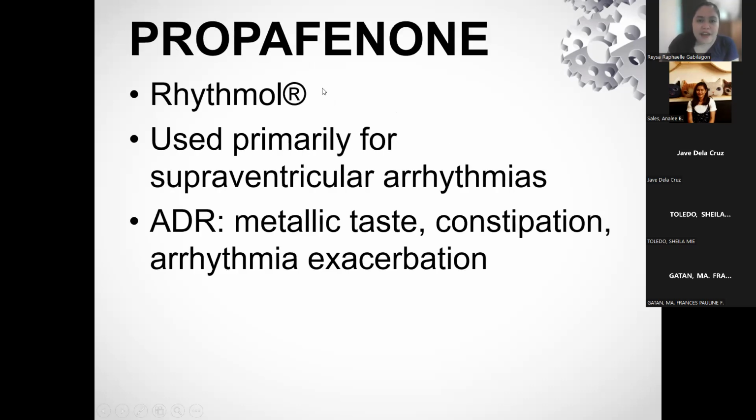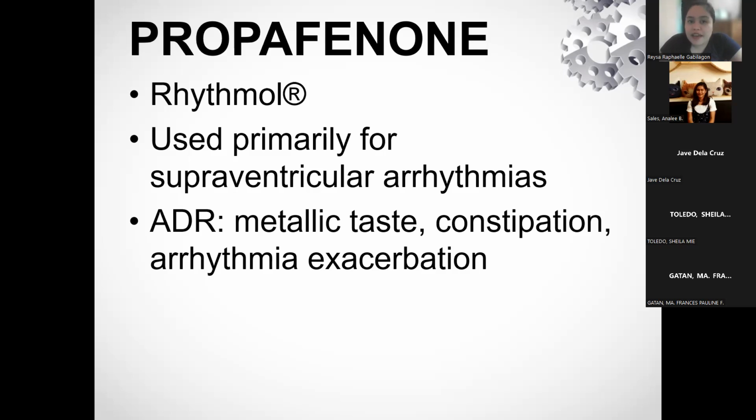Okay? Now, we have propafenone also under class 1C. Our brand name here is Rhythmol. Just like flecainide, we also use this for supraventricular arrhythmias. Now, what's our problem with propafenone? Adverse drug reactions. It has a metallic taste. You know that, right? When you take iron supplements, ferrous sulfate, that's what we describe as the metallic taste.